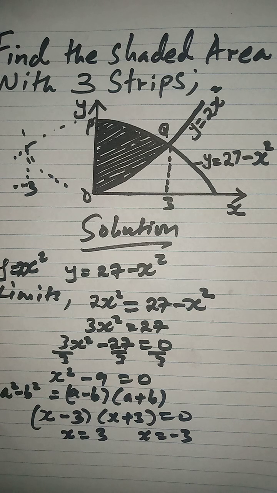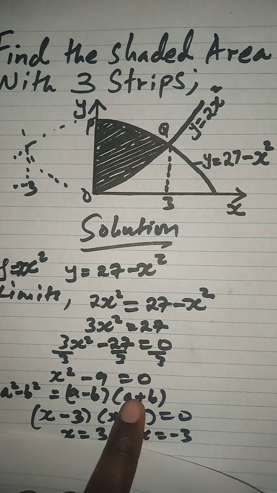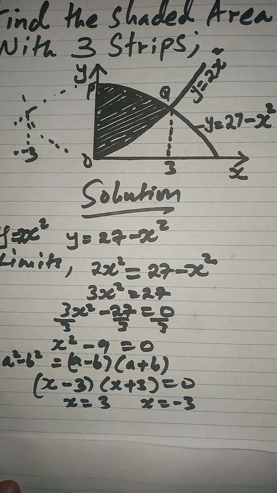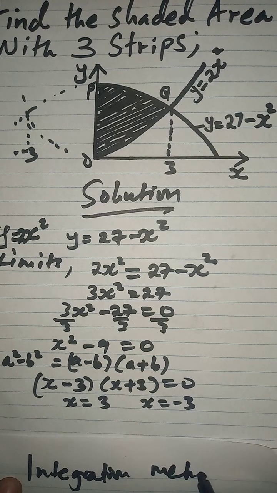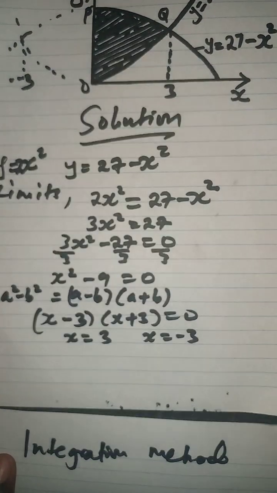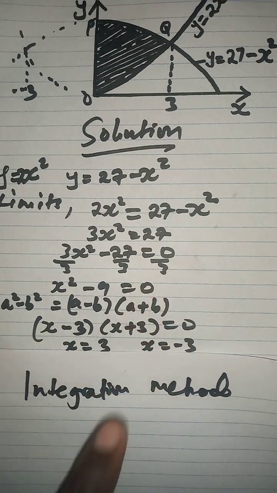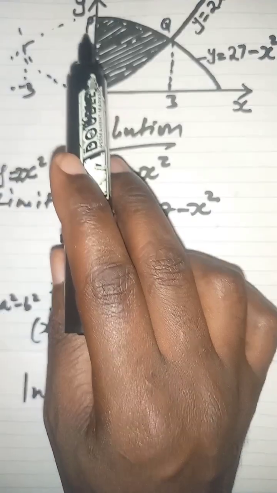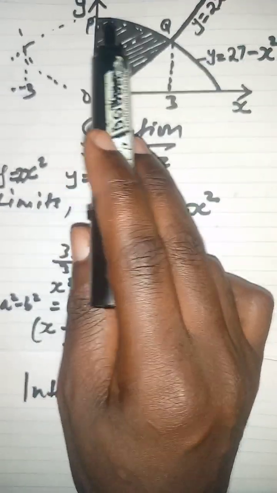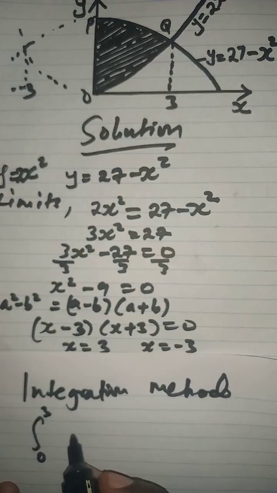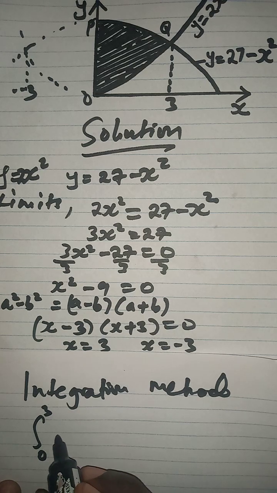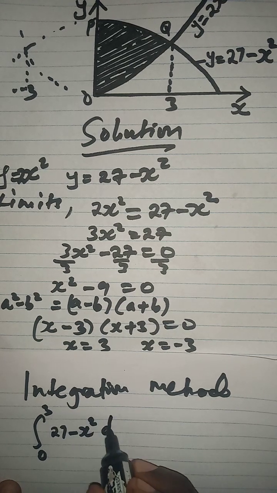I'm going to start with the first approach. The first method of finding our shaded area is the integration method. Since I know the limits, I'm going to integrate the upper curve from 0 to 3 of 27 minus x squared with respect to x.